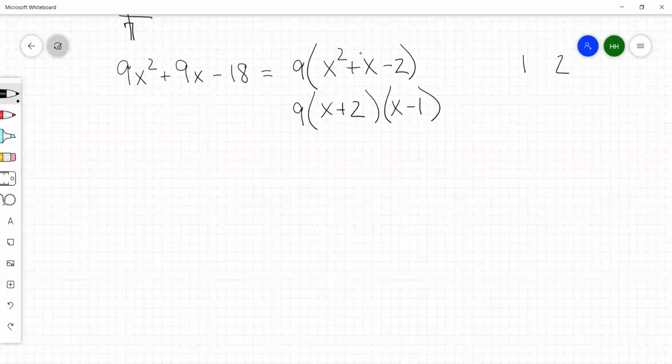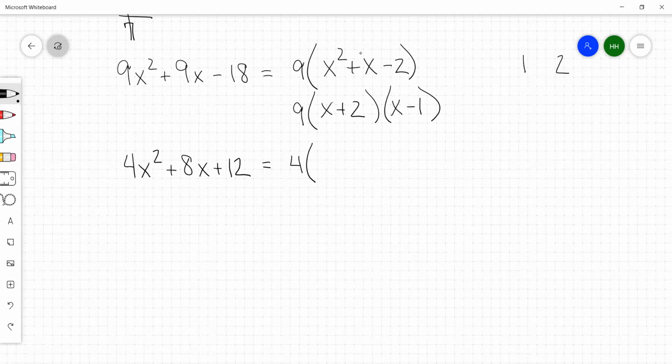Four x squared plus 8x plus 12. All terms are divisible by 4, so you can factor out a 4 in the first step.